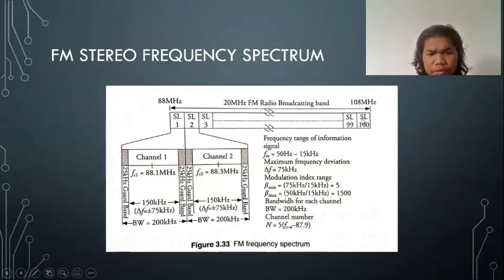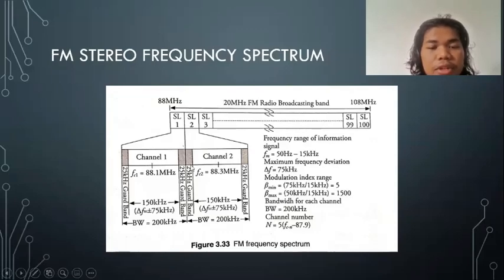So if we look at each channel's frequency spectrum, for example, we have channel 1 over here at 88.1 megahertz and channel 2 at 88.3 megahertz. Each channel has 200 kilohertz as bandwidth, and then each channel is guarded by a 50 kilohertz guard band so that it won't overlap. The 50 kilohertz guard band is made out of two 25 kilohertz guard bands.